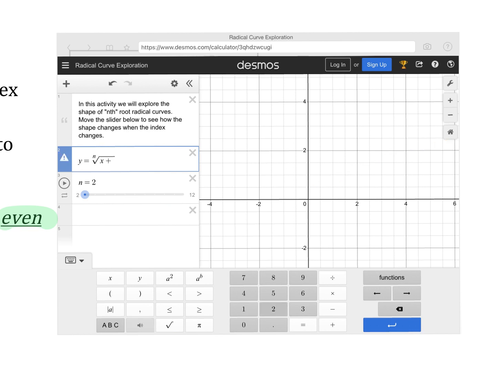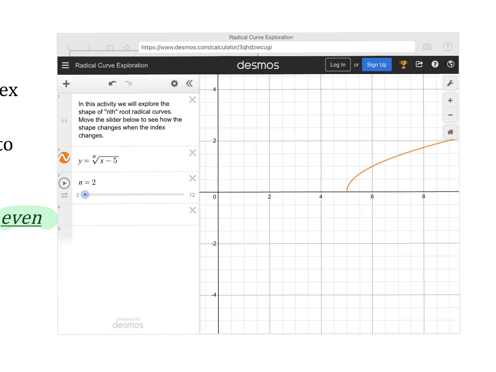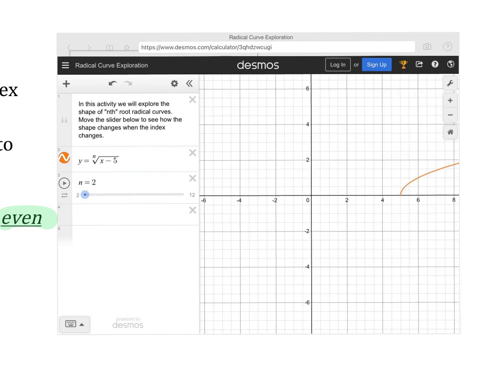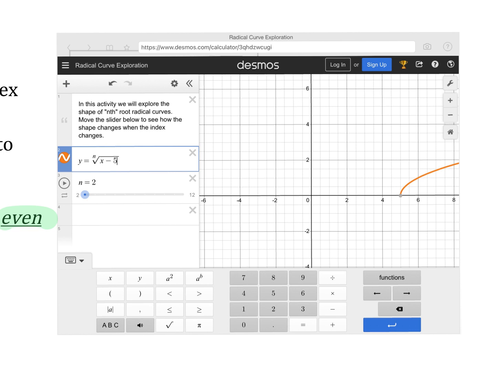Let's add 2. Well, that's kind of interesting. Or if I add 3, or if I add 4, what's happening to the curve? Can you see? It's going off to the left. What happens if I subtract 2, subtract 3, subtract 4? See what's happening? It's moving over to the right. So if we add or subtract a number on the inside, that's going to move it left or right.